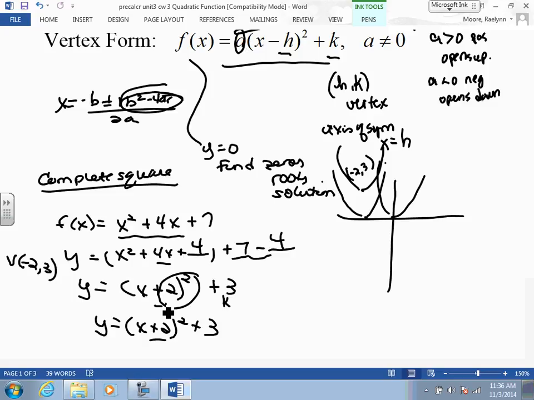Completing a square. You want to get a square out of this. So group your x's together. We're going to add another term to your x's so that we get a square that's duplicated, like x plus 2 squared, x plus 1 squared, x plus 1 times x plus 1. If you factor this, it is x plus 2 times x plus 2.